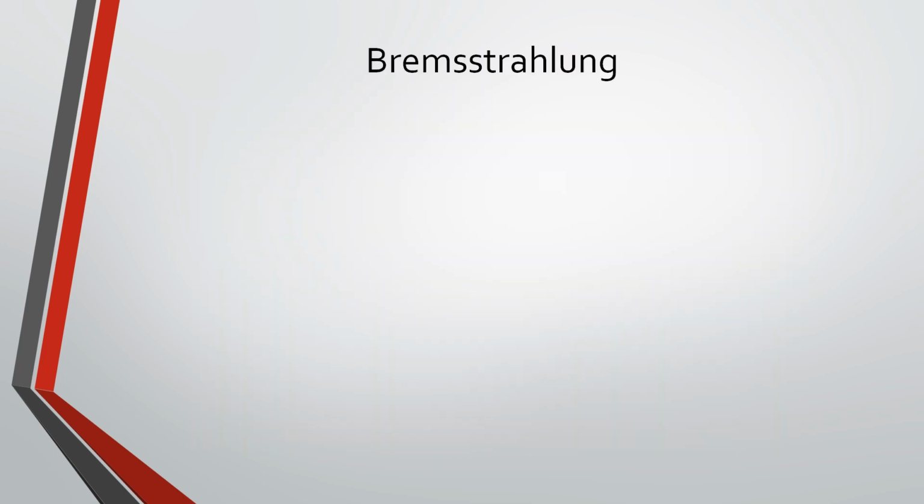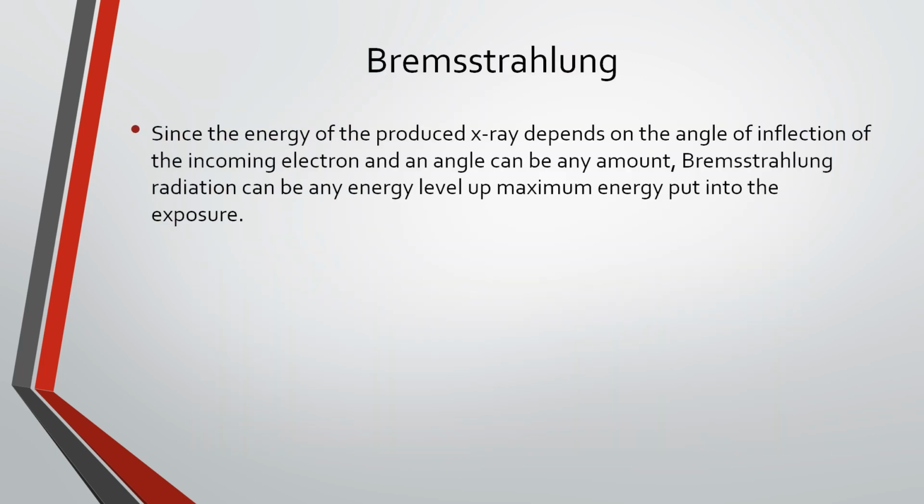Since the energy of the produced X-ray depends on the angle of deflection of the incoming electron, and the angle can be any amount, Bremsstrahlung radiation can be any energy level up to the maximum energy put into the exposure.